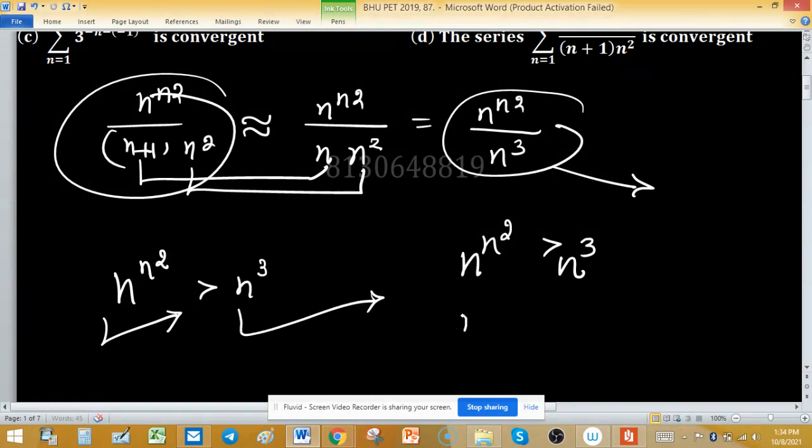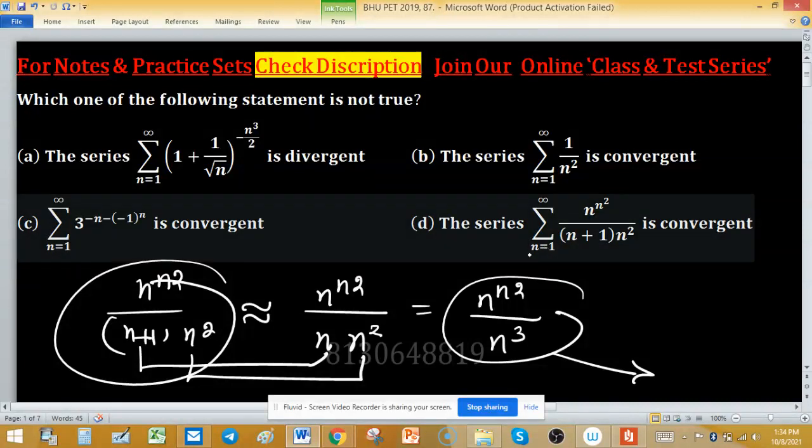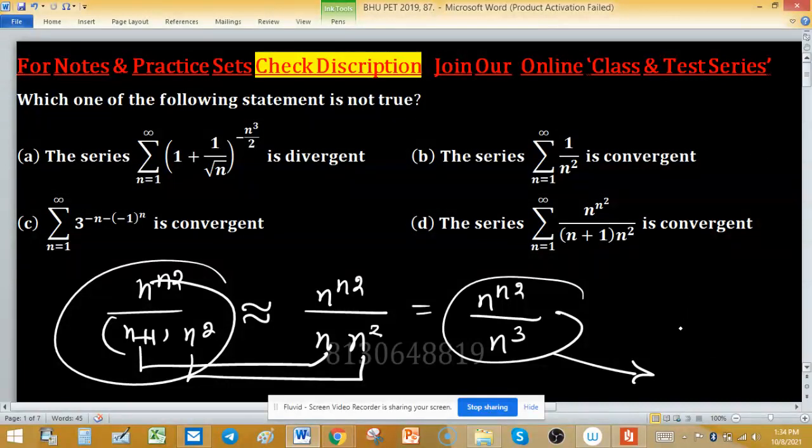So the limit of n raised to the power n square upon n cube is always greater than 1. So the limit of this expression cannot be 0. If the series is convergent, then it is obvious that the limit of the nth term, or un term, will be 0, but I'm not getting the limit as 0. So in option D, the statement is false, and false means not true. And we are checking for the not true statement, so options A and D are correct.